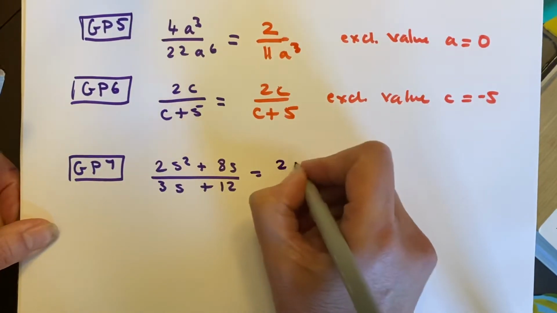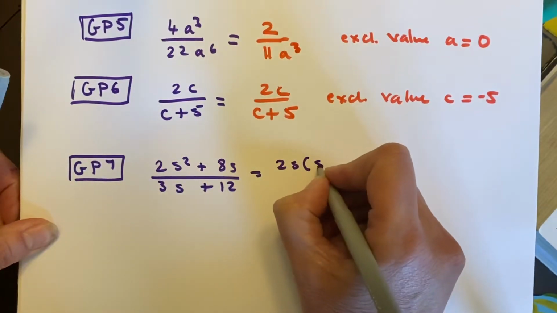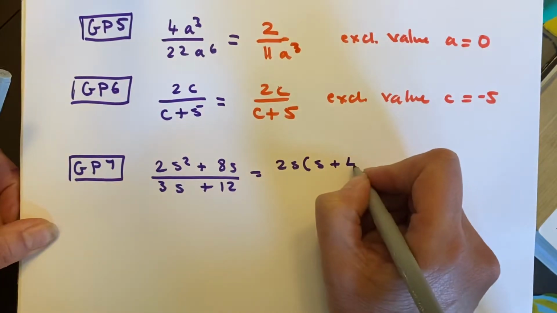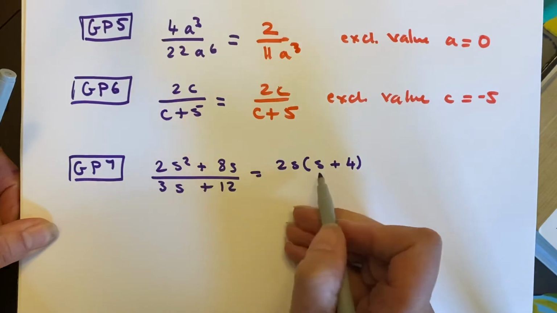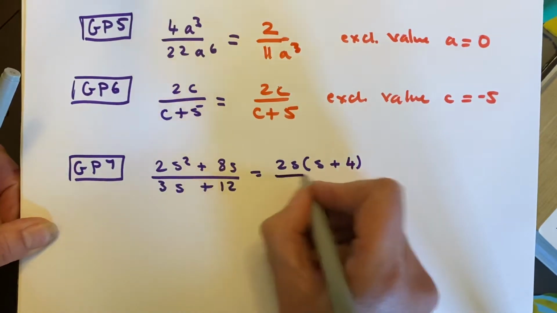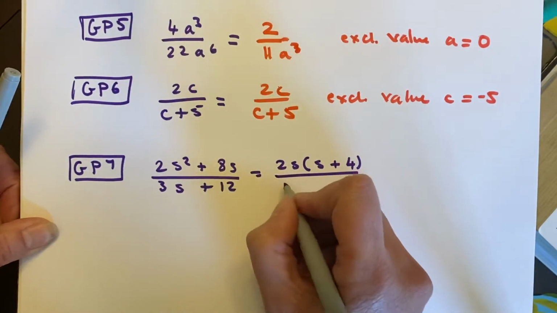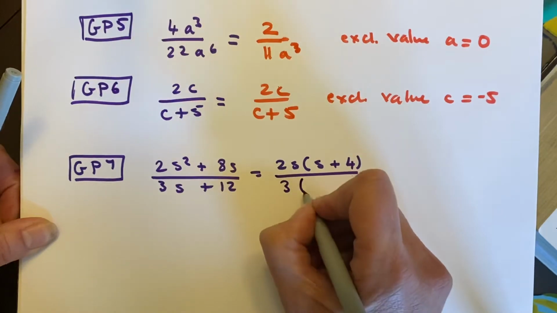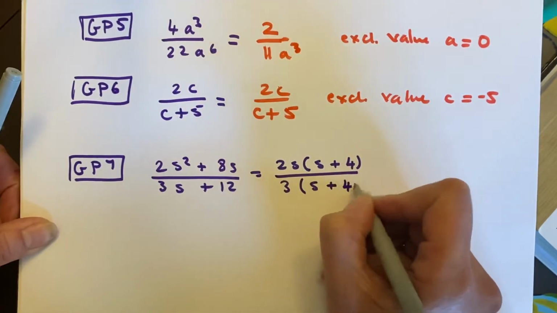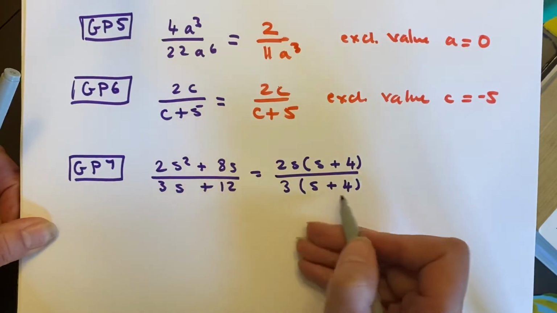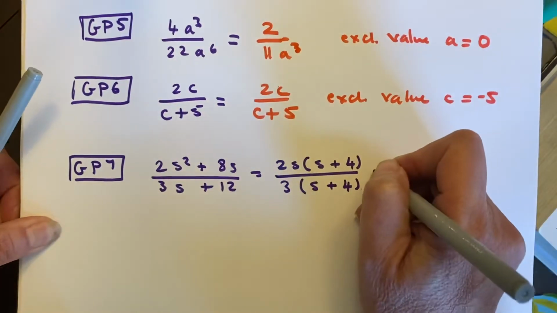So 2s times s plus 4. And I always double check in my head and say 2s squared plus 8s to make sure I did it right. Denominator, I can factor out a 3. And I end up with s plus 4 on the bottom, right? That would give me 3s plus 12 if I multiplied it.